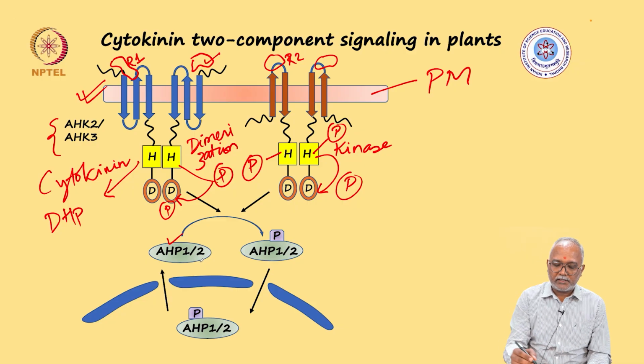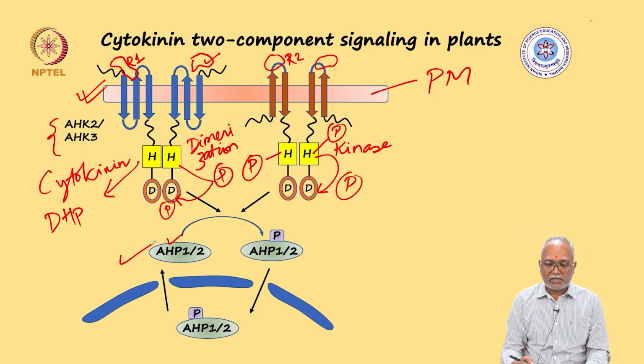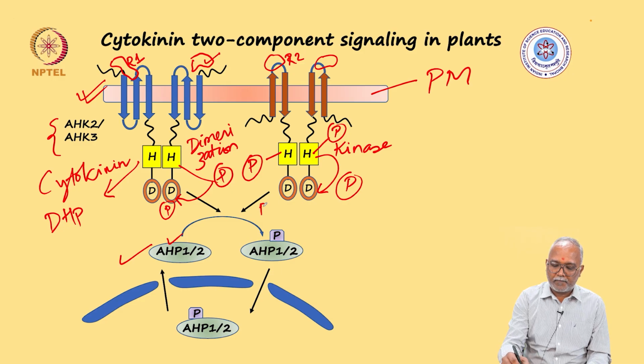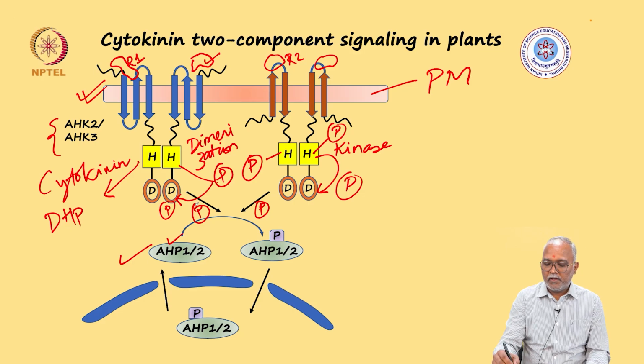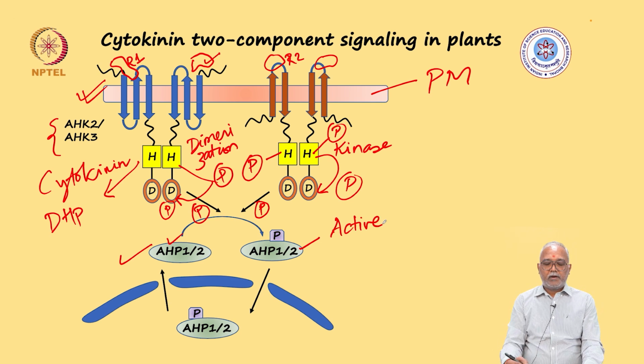So you can consider that this Arabidopsis histidine phosphotransferase, which was inactive, when it receives the phosphate group from either of these activated receptors, will be in this situation, active. Now this molecule will move into the nucleus.